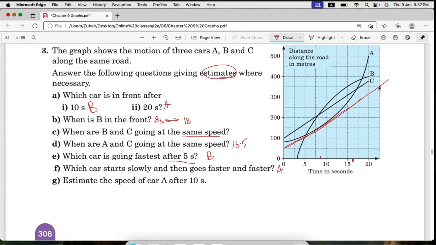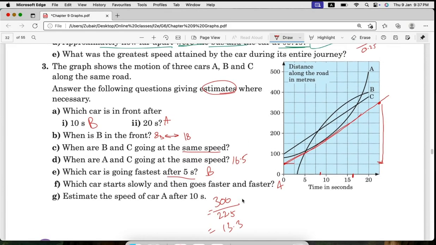Let's say one of the points is this, another is this. So we have 50 to 350, that is 300, over 10, 15, 20, 22.5, so 13.3.